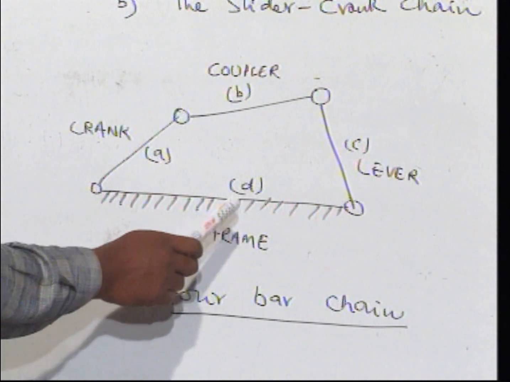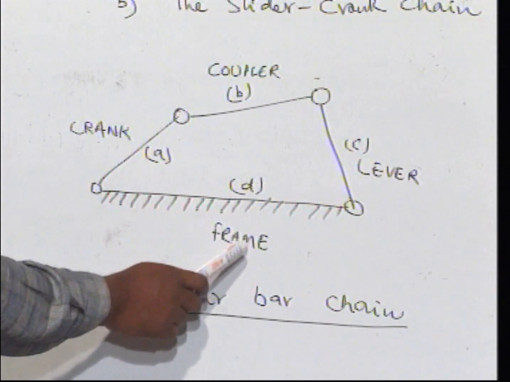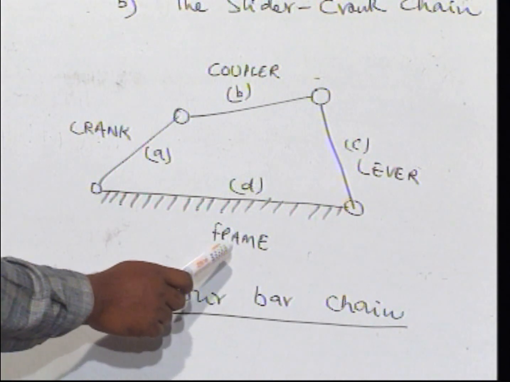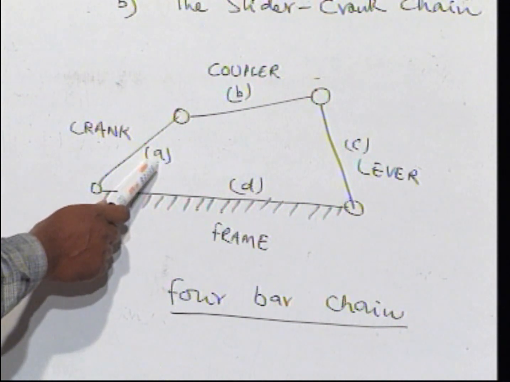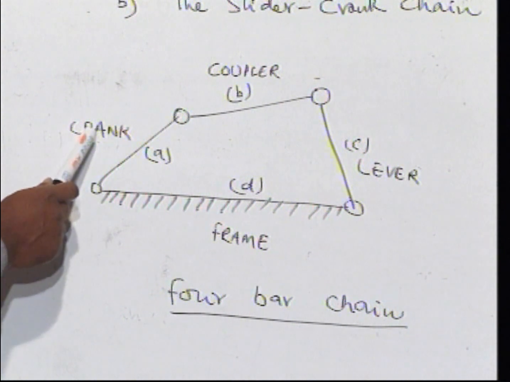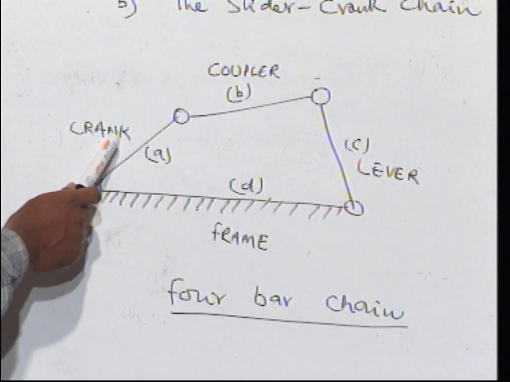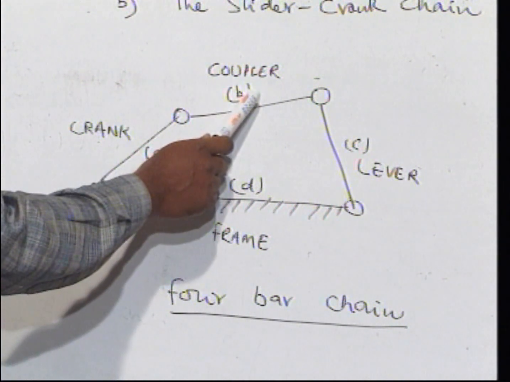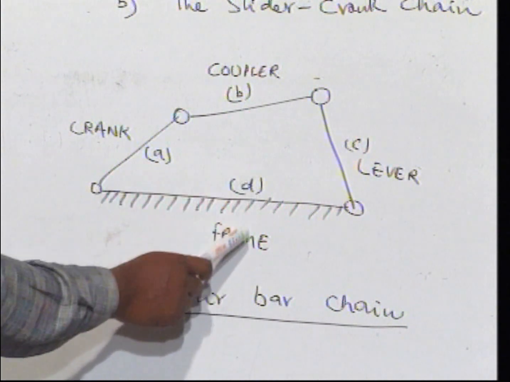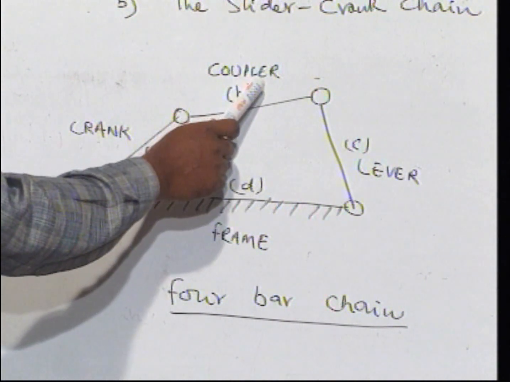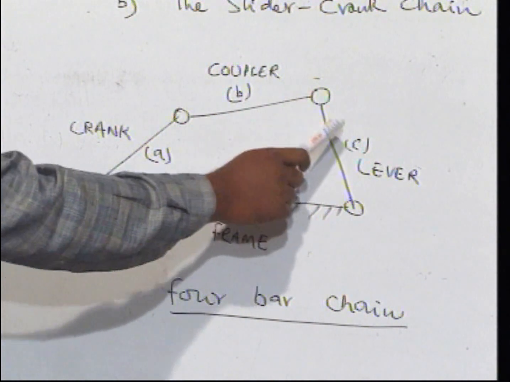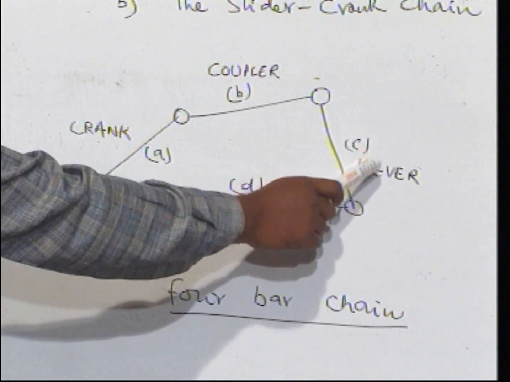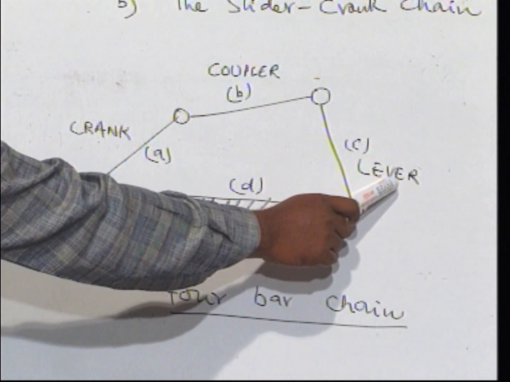Generally, the fixed link is termed as the frame, and the link A here is the crank, and link B, which is opposite to the frame, is termed as the coupler, and link C is named as the lever.